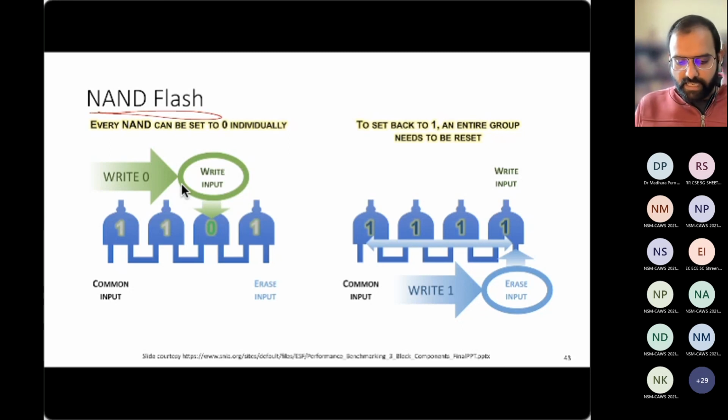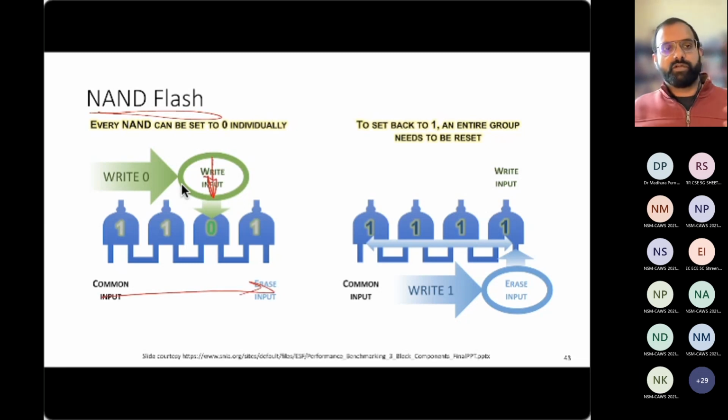The first one is, if the cell is a 1, you can write a 0 to it relatively easily. Every NAND cell can be set to 0 individually. Rather, let me put it this way: if the cell was in a set state, which is 1, it can be changed to 0 relatively easily.